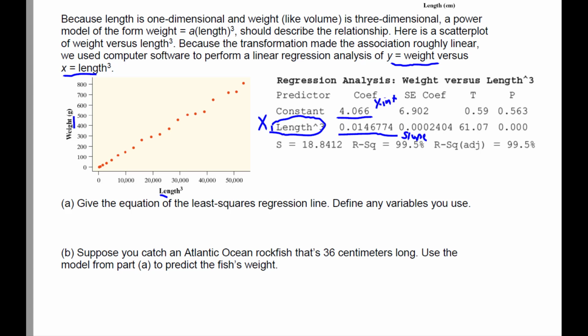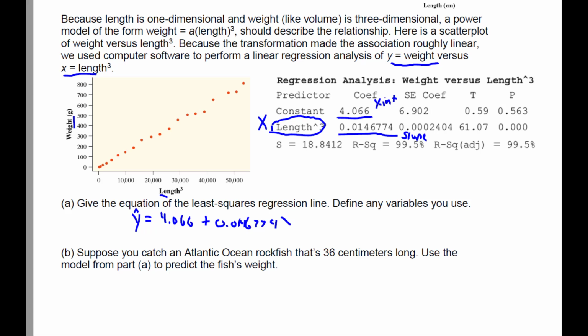As we saw in 12.1, you should have your y hat for your predicted value equal to, and we like to write our y-intercept value first, 4.066, and we have a positive slope, so plus our slope value of 0.0146774.